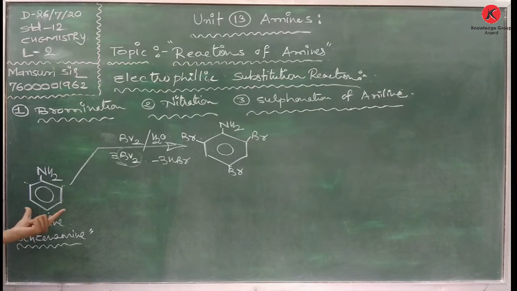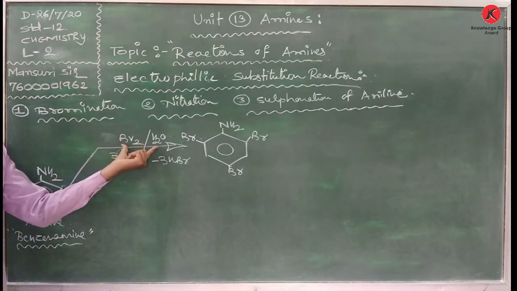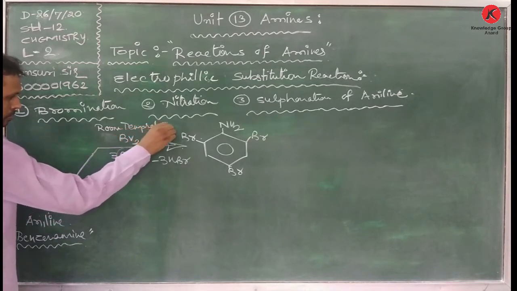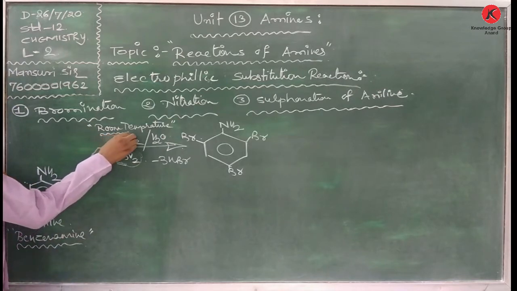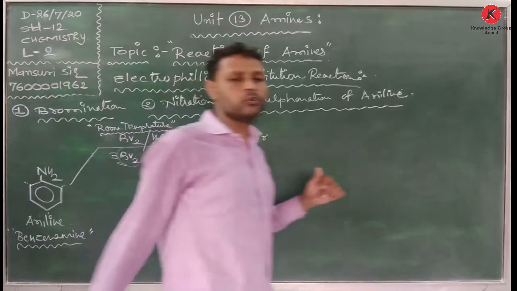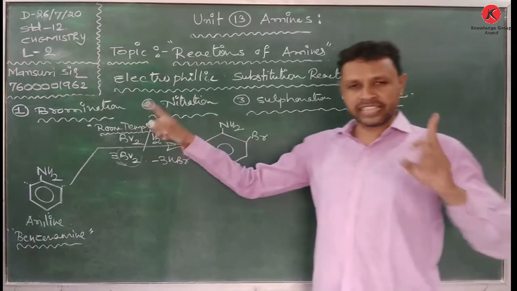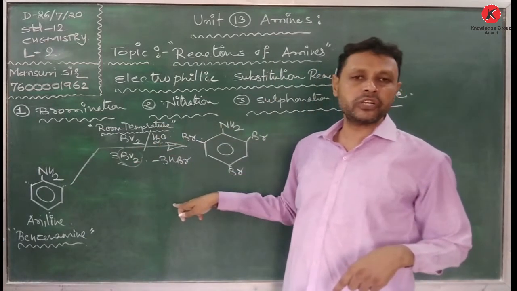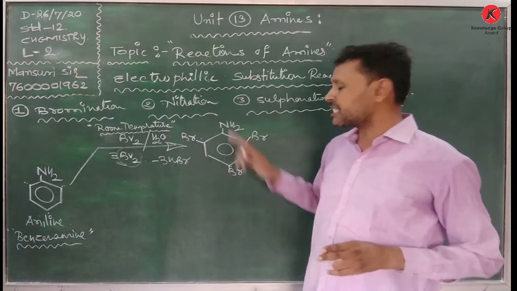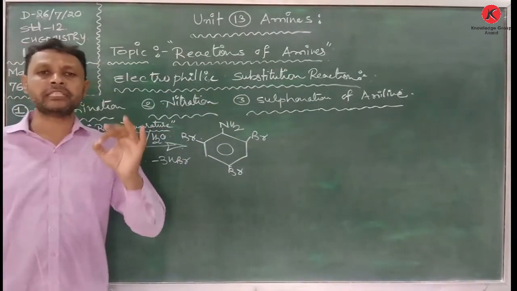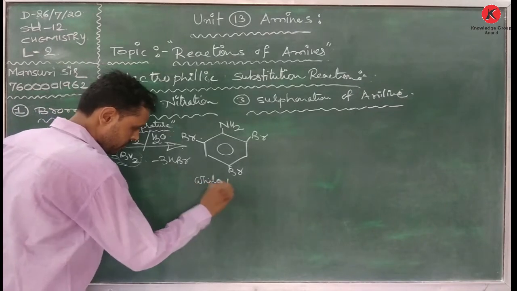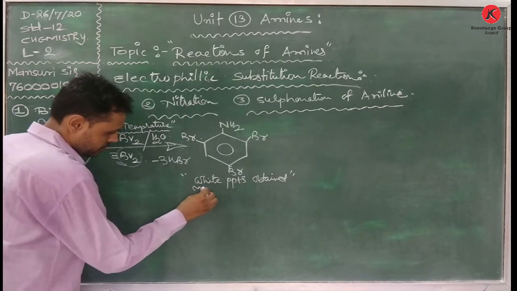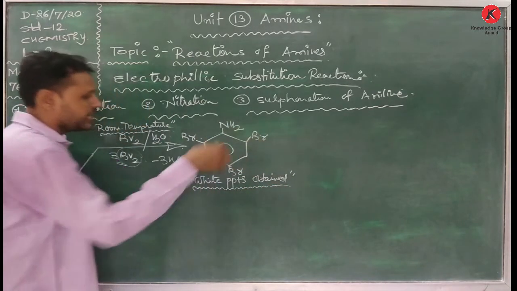So when aniline reacts with Br2 water at room temperature, at normal temperature, this reaction will be carried out in presence of water. That means aniline reacts with Br2 water at room temperature, then 2,4,6-tribromoaniline, which has white precipitates, white PPTs of 2,4,6-tribromoaniline will be obtained.